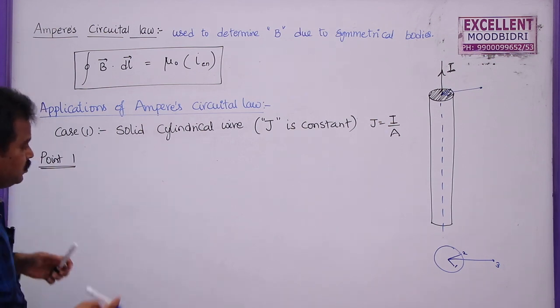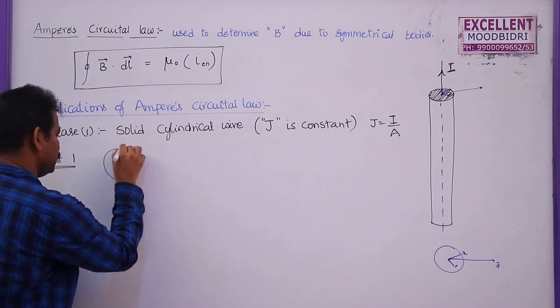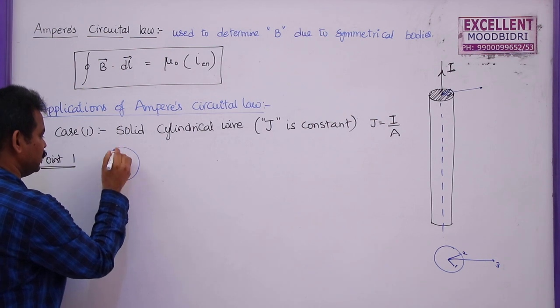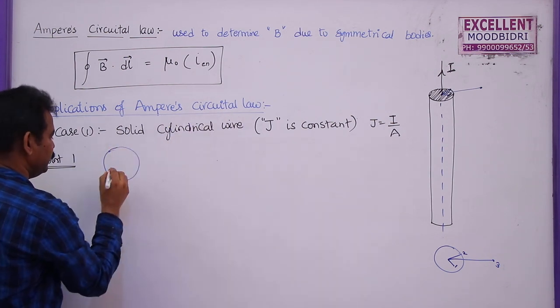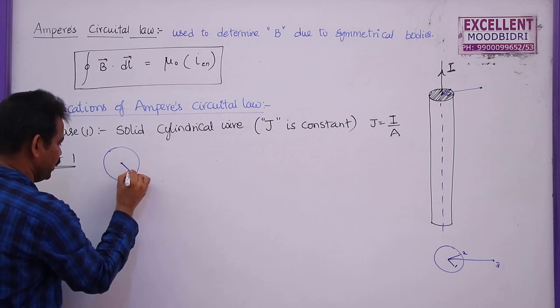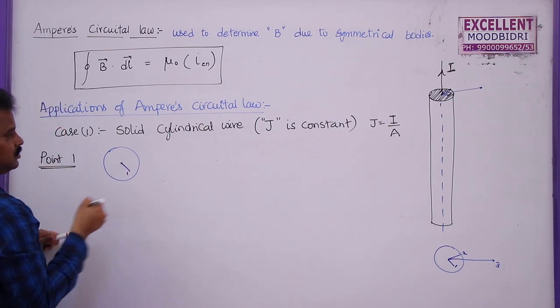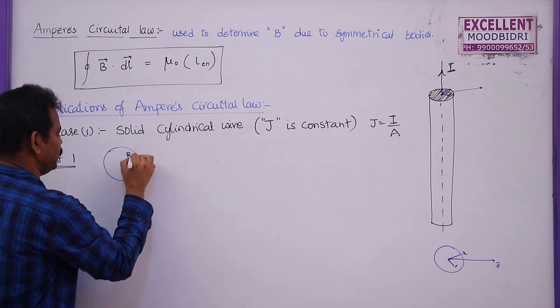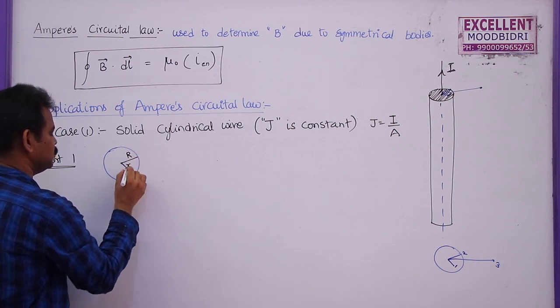So I am going to redraw this diagram here. This is the side view of this wire, and this is the center. So this is point 1. The total radius of this wire is capital R and this one is a small r.